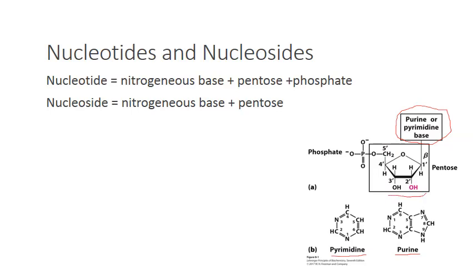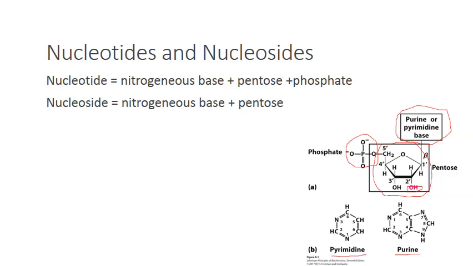The sugar portion, the pentose sugar portion here in the middle, and depending on whether it's DNA or RNA, we'll have either the hydroxyl group on the 2' carbon, which is the nucleotides that are part of RNA, or without the hydroxyl group, which are the nucleotides that are part of DNA. And then we have the phosphate group that is attached to the 5' carbon here on the sugar. Okay, so that makes up a nucleotide.